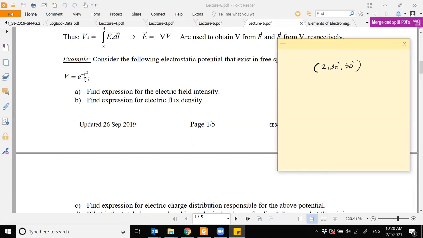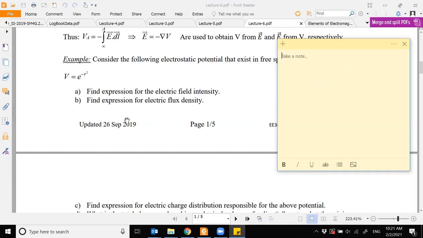Just e to the power minus 4. Yes, so it is e to the power of minus 4. Or 2, 10, 80 degrees. Again, it will be the same thing because your potential is not a function of theta and phi. So you can find the potential anywhere in your free space.